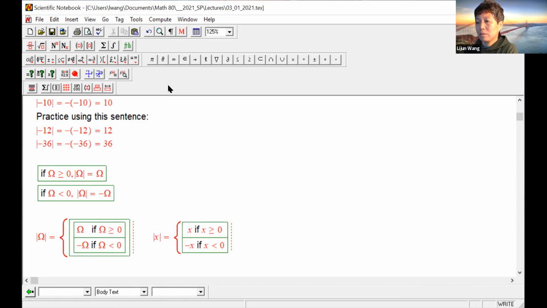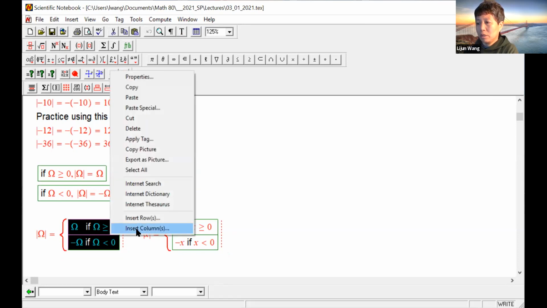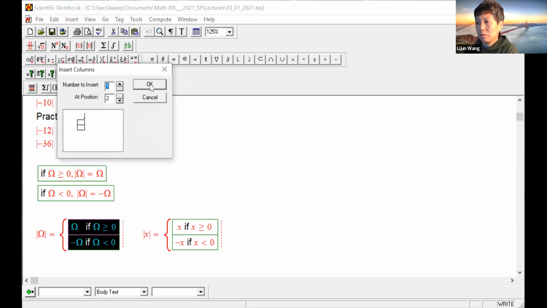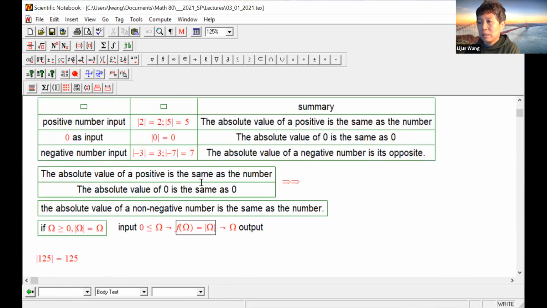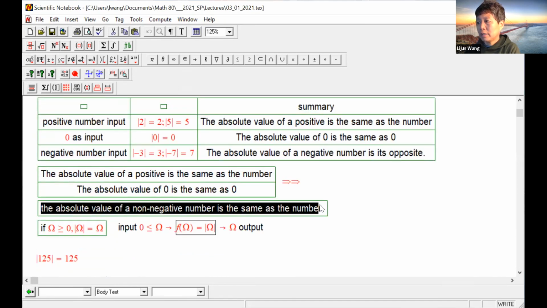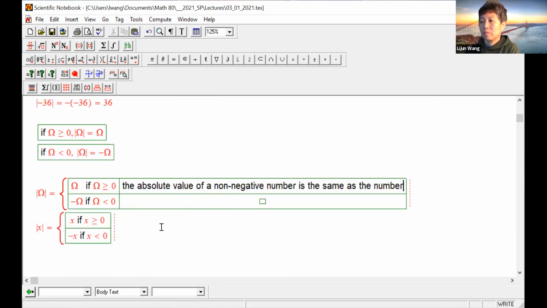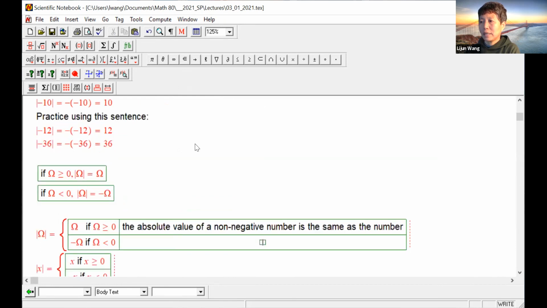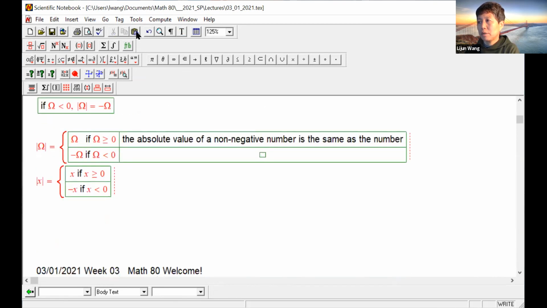So we're going to put the sentence right here. The absolute value of a non-negative number is the same as the number. That's how you read it. And the second sentence, guess how we read it? The absolute value of a negative number is its opposite.